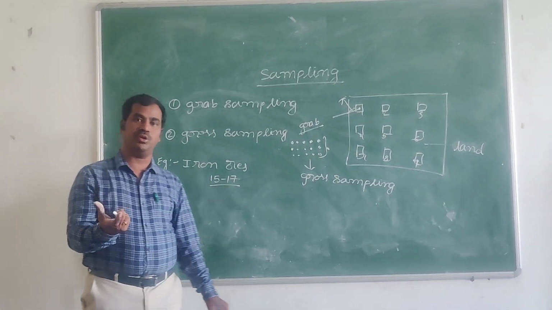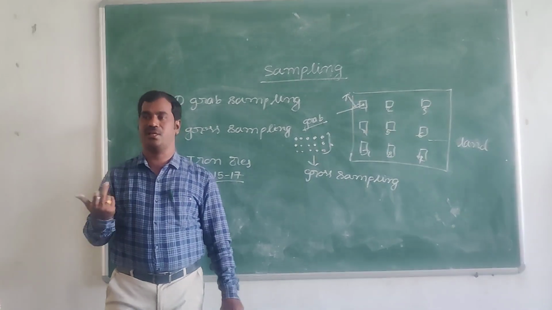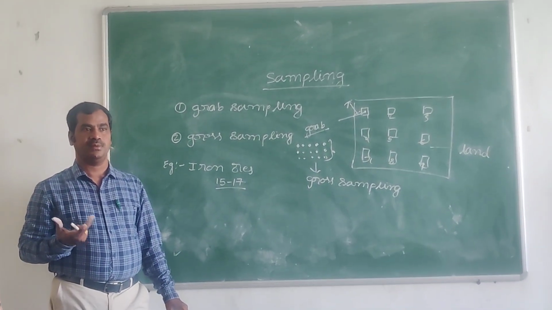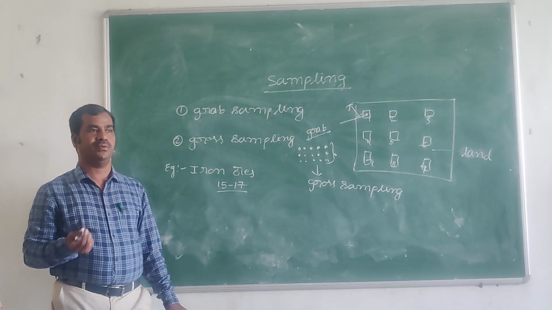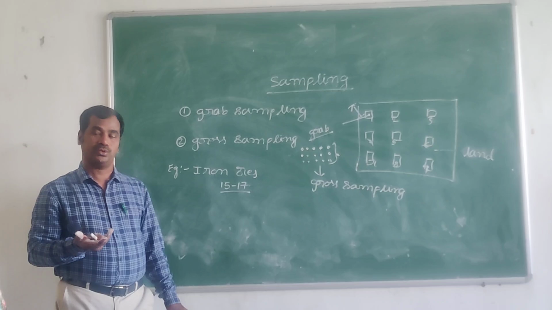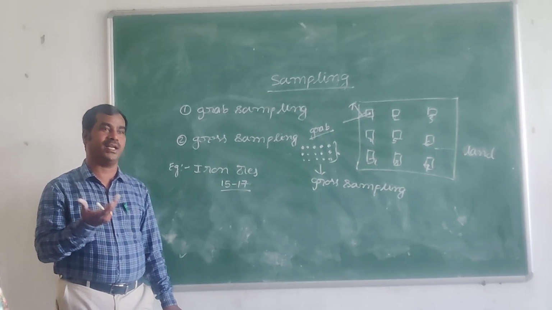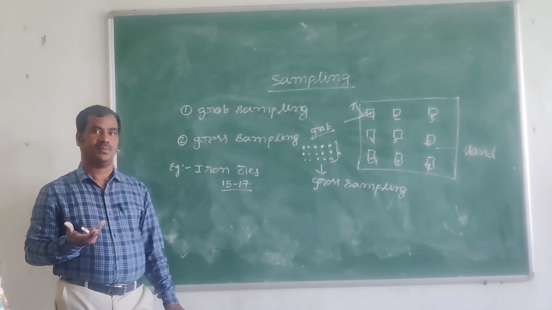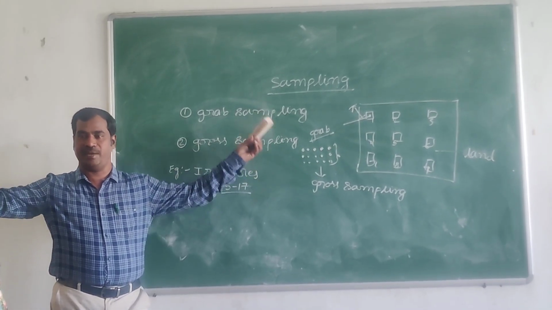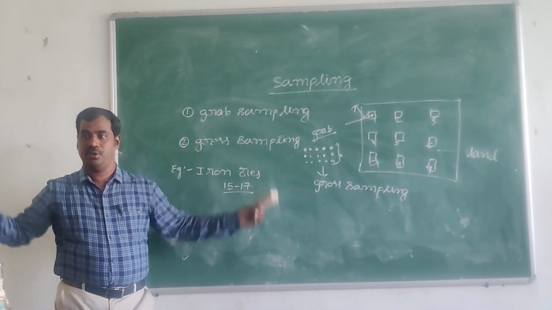How do you know if it is suitable for making iron rods or not? After getting the raw material, we analyze it. But before analyzing, how do you collect the samples? Because one wagon is a container with depth from high level to low level.